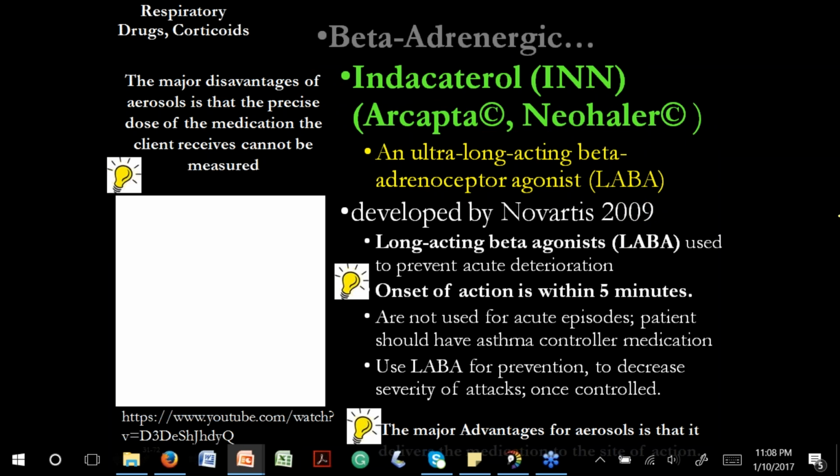We have the indacaterol. Indacaterol is a beta-2 adrenergic that is ultra long acting. That is going to be used once a day and takes effect in about 5 minutes. It's not the latest because it's from 2009, like 6 years ago.